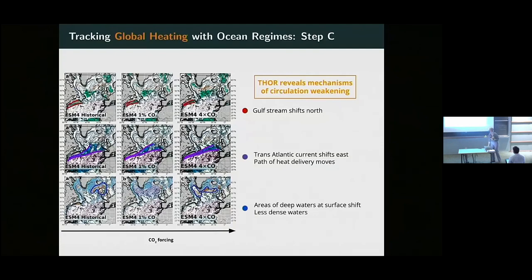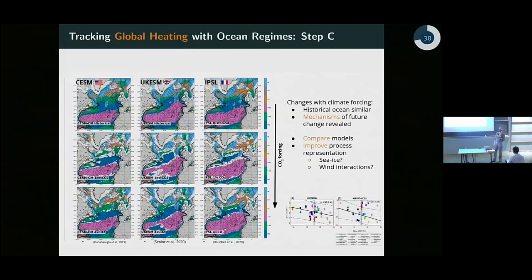access to one number. And of course, I can apply this to lots of other models because these data sets are much more readily available. So for example, for the CESM model, I can see that the area of this heat transport across the basin changes quite a lot.